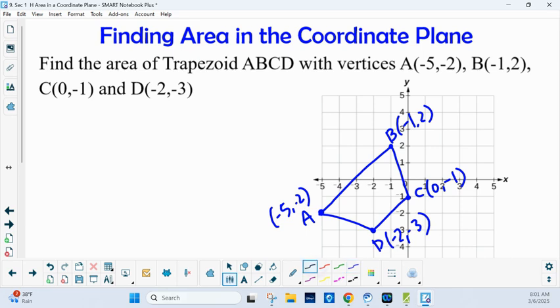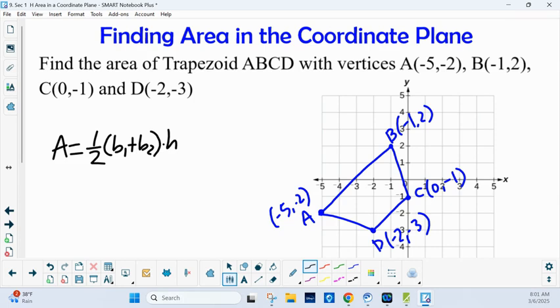Okay, so while you're changing it and graphing it, let me just remind you the formula for area of a trapezoid. We have to do half bases added times the height. So we gotta find the bases and we gotta find the height. So we gotta find three things. Now with this particular trapezoid, did anything end up perfectly horizontal or vertical?